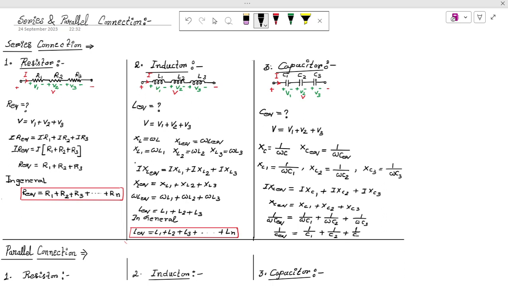So when capacitors are connected in series, the formula is 1 by C equivalent equal to 1 by C1 plus 1 by C2 plus 1 by C3.